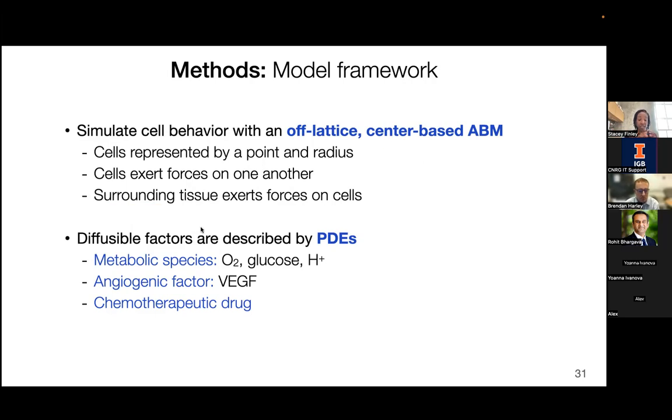In addition to the cells, which are discrete agents, we also have diffusible factors that are described by partial differential equations. So we want to describe how the presence of oxygen, glucose, and the hydrogen ion is varying in space. So we have partial differential equations that describe the level and the spatial distribution of these metabolic species, of angiogenic factors such as vascular endothelial growth factor, or VEGF, as well as the chemotherapeutic drug that I'll introduce in a couple of slides.